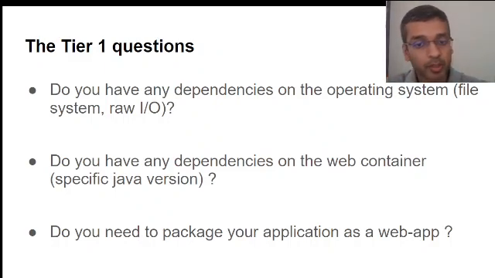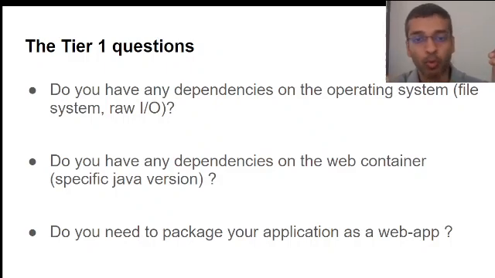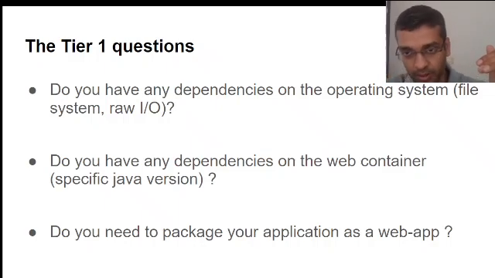For example, if you don't need to package your application as a web app, then Lambdas become a choice. But if creating the application as a web app is a requirement, then Lambda is no longer a choice. So the tier one questions essentially say, I can only run at a layer this and below, simply because I have a dependency on something at this layer of the compute stack.